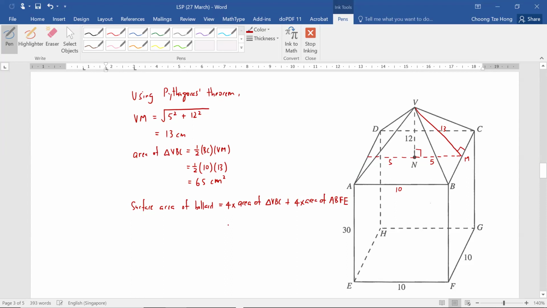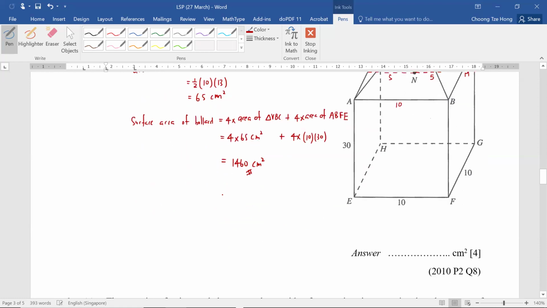So this will be 4 times 65 cm squared plus 4 times, area of one face of the cuboid, 30 times 10, or 10 times 30. That will give us an answer of 1460 cm squared.